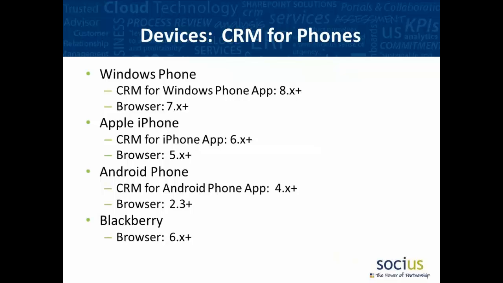For your iPhones, there's an app in the App Store, and you need iOS 6.0 or better, and with the browser you need 5.0 or better. And then on Android you need the Android operating system 4.0 or better, and then you can access through a browser with 2.3 and up. And then BlackBerry, there's no app for BlackBerry, but you can access using the browser with the operating system 6.0 or better.